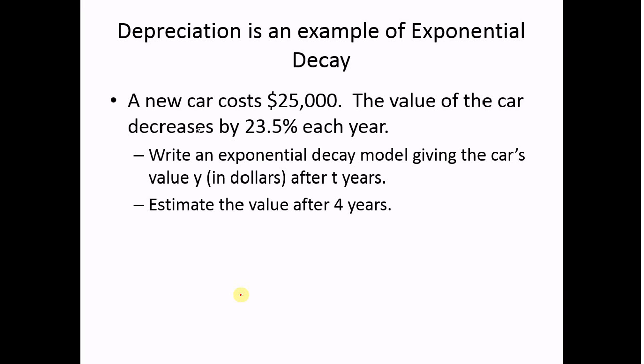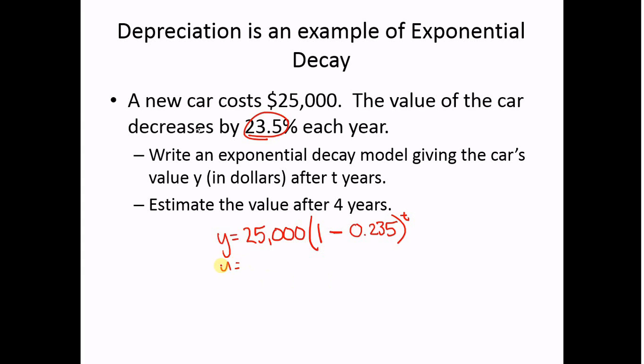So let's first figure out what the model is going to look like. It's going to be y equals my initial cost of this car, $25,000, times 1 minus my rate as a decimal, 0.235, to the t.